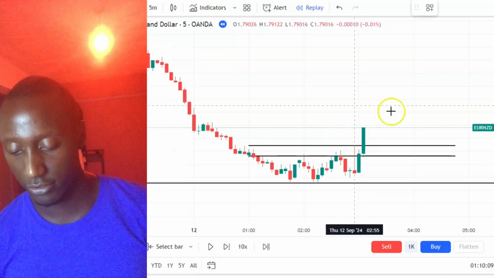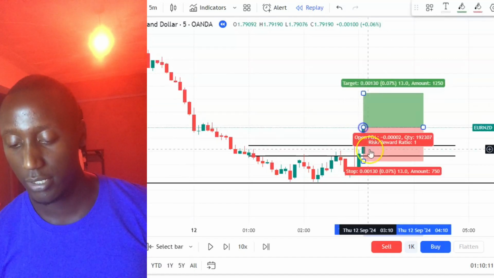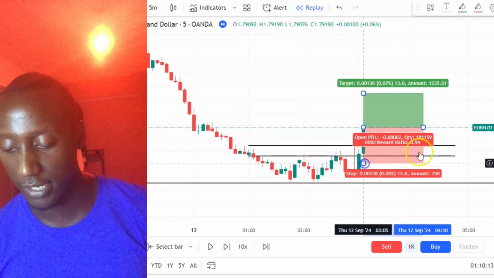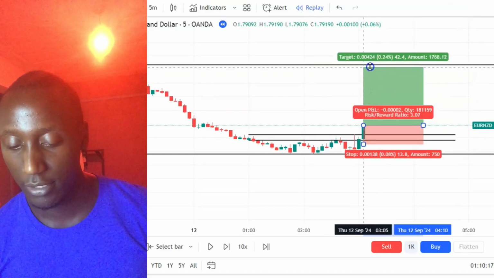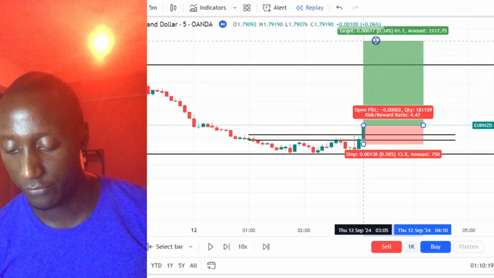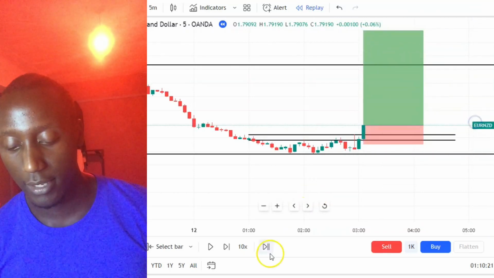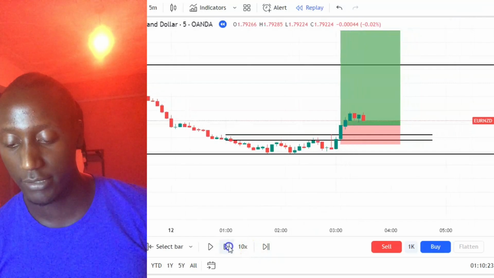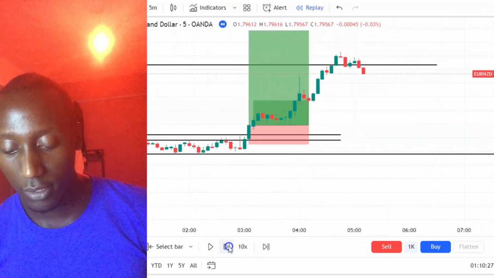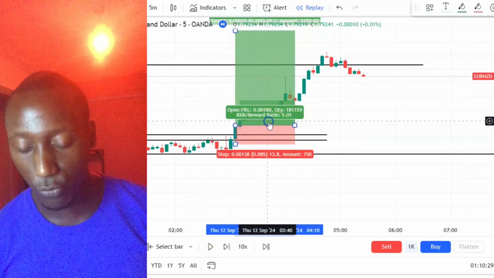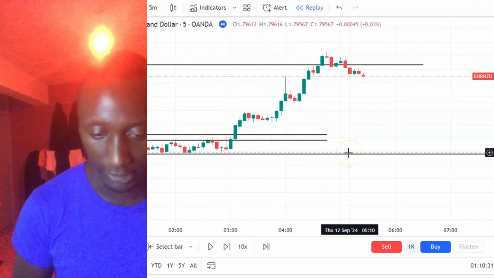That is your entry. And then stop loss is below that candle, and then you are targeting the high of the day, as we were targeting a 1 to 5. And then you let the market do its thing. So basically, that is how you prepare yourself in that trading day.